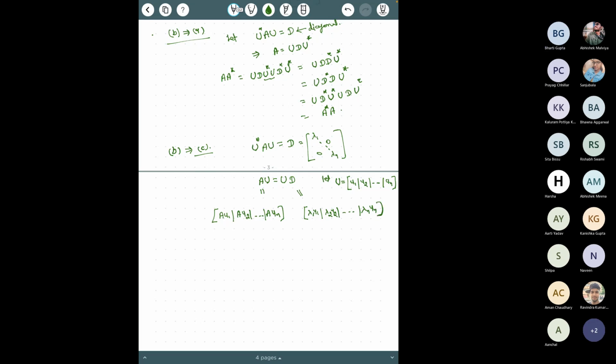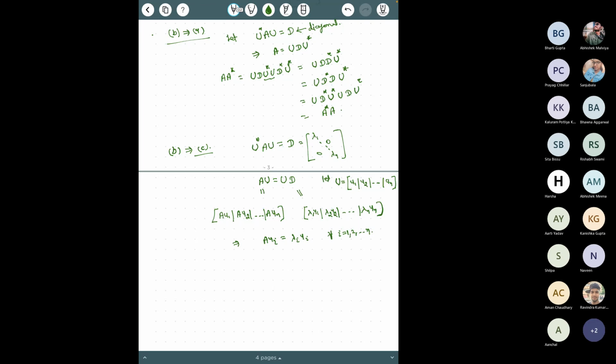But then you can compare both sides column-wise. So this implies that Aui is equal to lambda i ui for all i equal to 1 to n. Now this implies that the columns of U are actually eigenvectors of A. Since U is unitary, you know that for a unitary matrix all the columns are orthonormal.